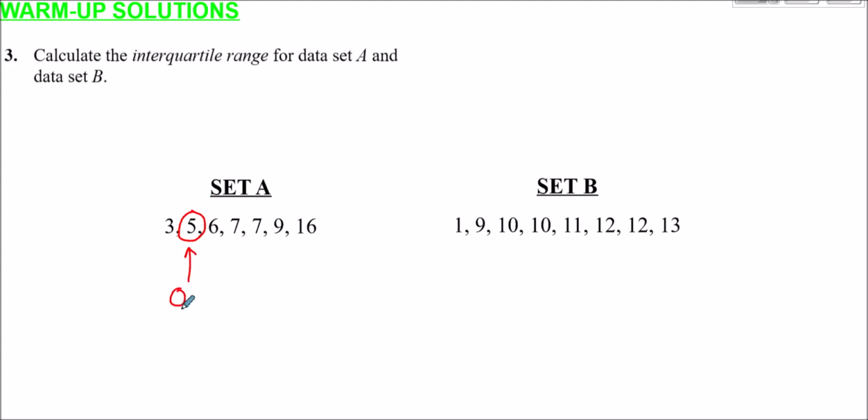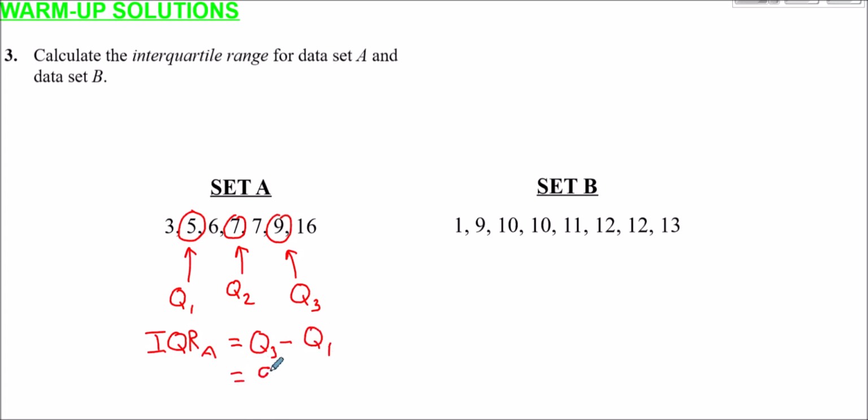That was our Q1, that was our median, and Q3, the upper quartile, was 9. So the interquartile range for A is just Q3 minus Q1. So that's going to be 9 minus 5, and that's 4.